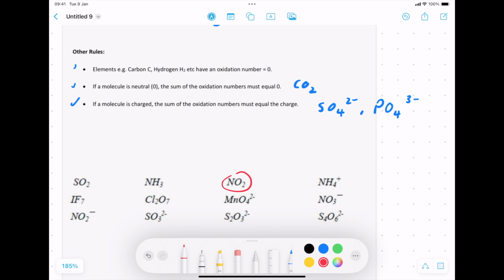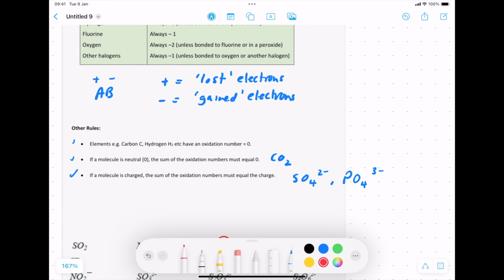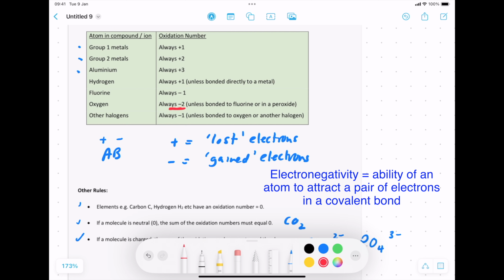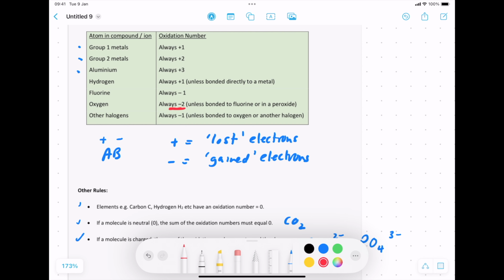So NO2, nitrogen dioxide. We know that nitrogen is in group 5, oxygen is in group 6. From the rules at the top, you can see that oxygen is always -2 unless it's bonded to fluorine, because when it's bonded to fluorine, fluorine is more electronegative. So that would take the negative number and oxygen would be the positive number.